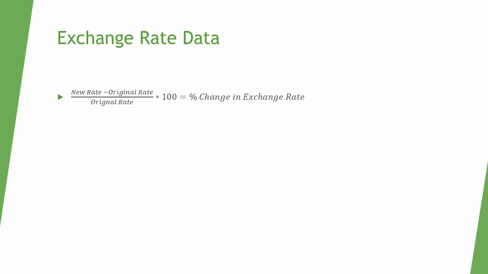Conversely, if the pound depreciates from 1.30 to 1.20 against the US dollar, the percentage change is (1.20 minus 1.30) divided by 1.30, which is equal to minus 0.0769 or minus 7.69%.